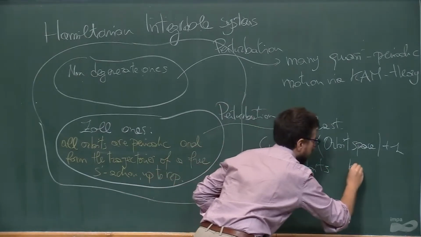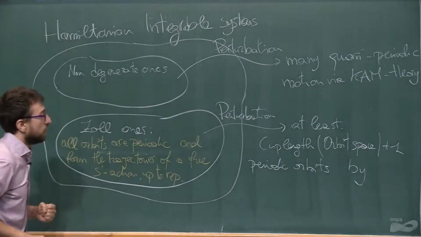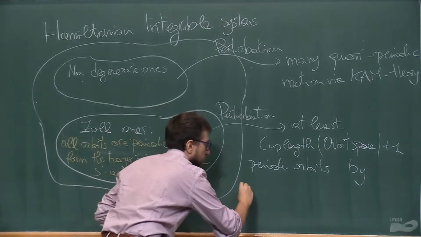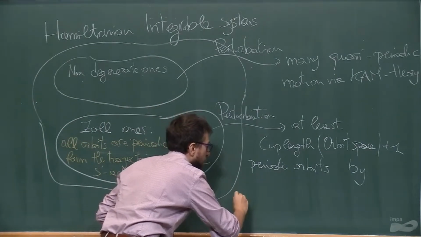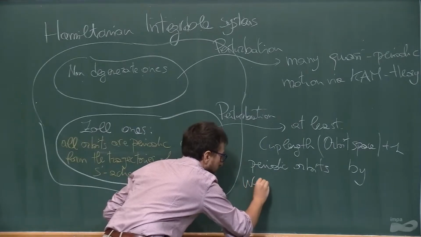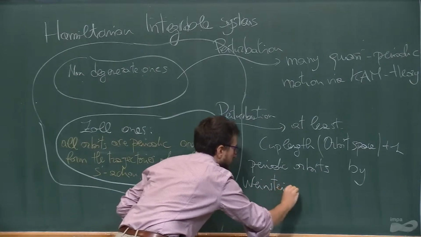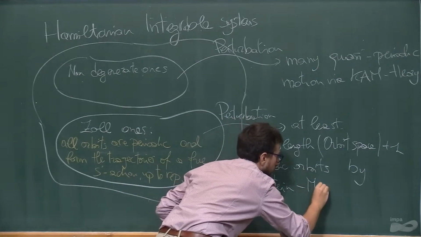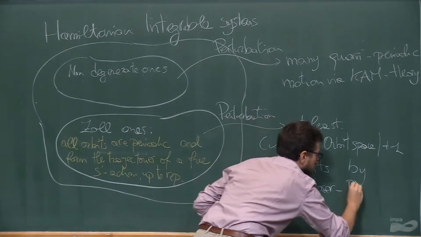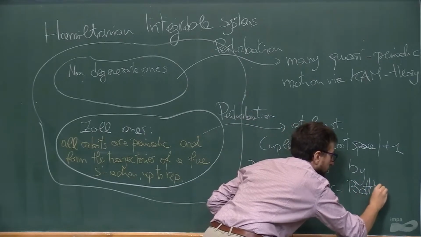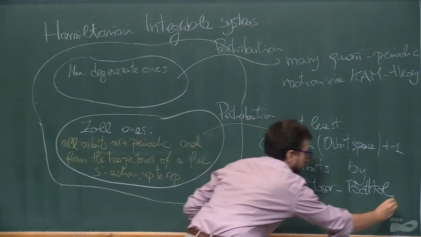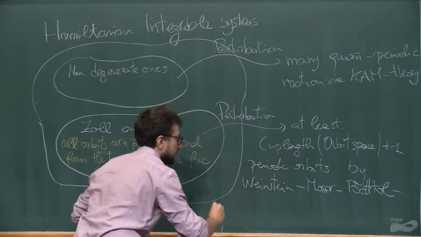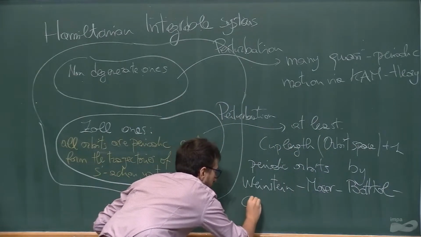And there are many people who worked on such type of problems. I will mention here only maybe the most important one, Weinstein-Moser. Then you have Bottkol. And very related to the problem of magnetic systems, we have also Ginzburg.